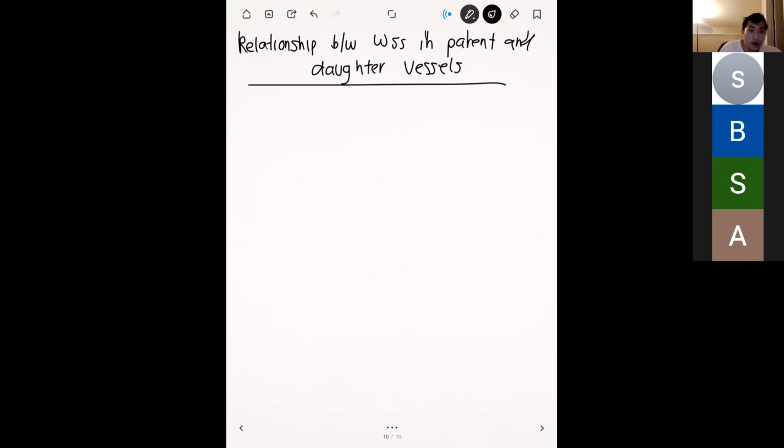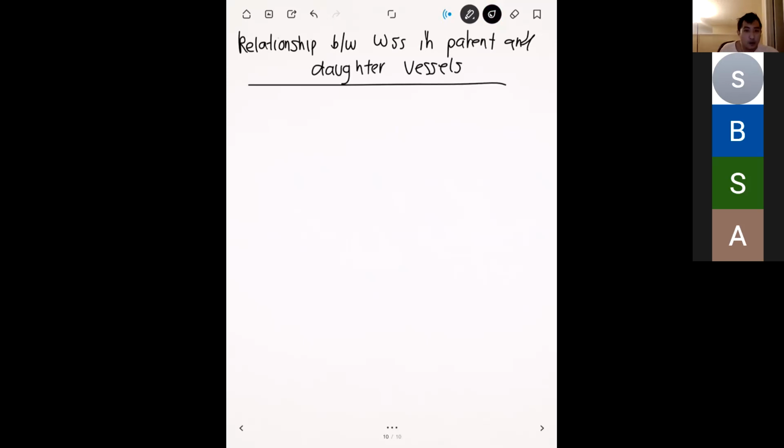So we want to find the relationship between wall shear stress, or WSS, in parent and daughter vessels. Okay. All right.